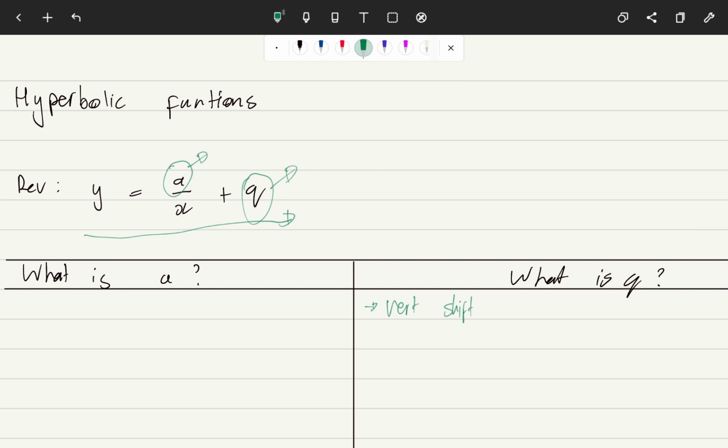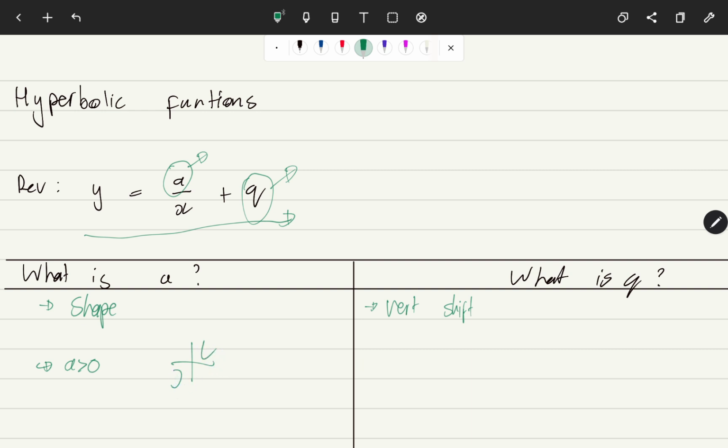What's really important is for you to know that if your a is positive, so of course I should write here that a determines the shape of your hyperbola, and by that, if your a is positive, I'll say a greater than 0, you're going to have a hyperbola looking like this. You have this, and you have another hyperbola like this.